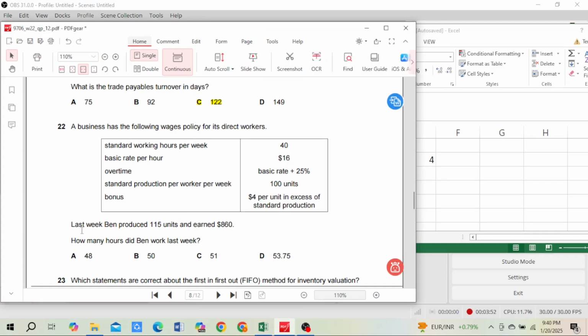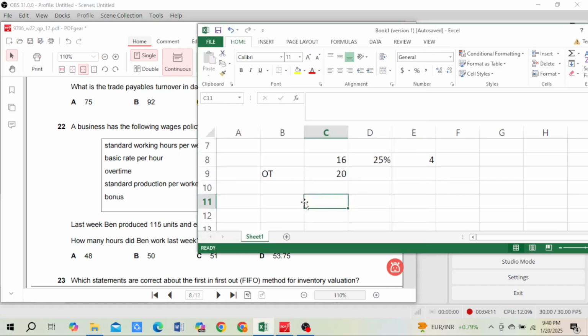Now, the next part of this question says that last week Ben produced 115 units and earned $860. How many hours did Ben work last week? So this question is very easy. Here he produced 115 units. As per the requirement, we are supposed to produce 100 units at least, but he produced 115 units.